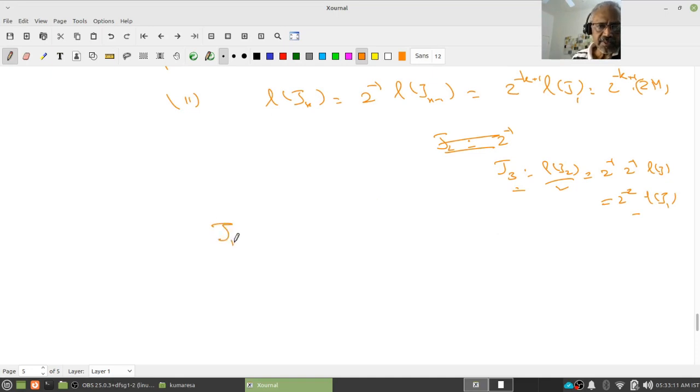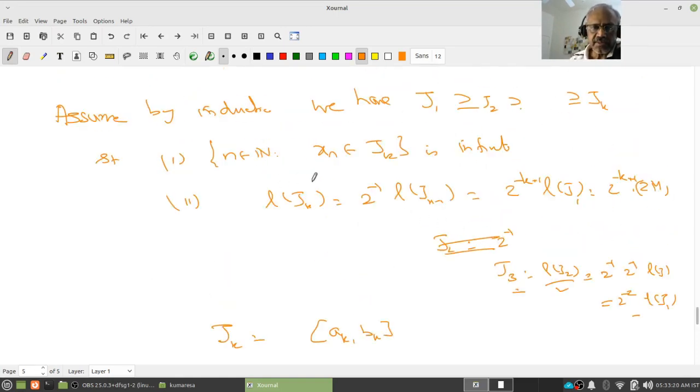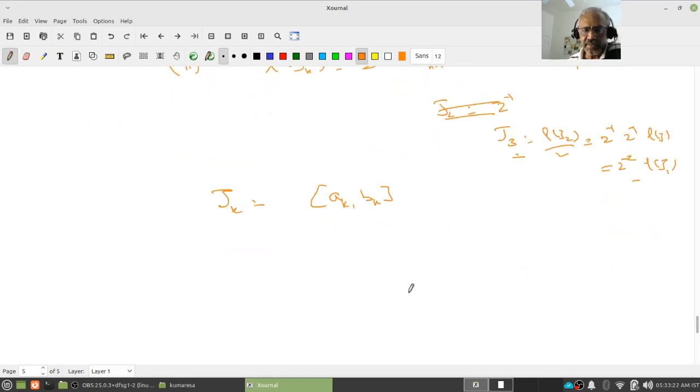Now once I have Jk, call it Ak, Bk. Then I know by this is an infinite set, therefore I can again bisect it. Ak, Bk, middle point is Ck, right?